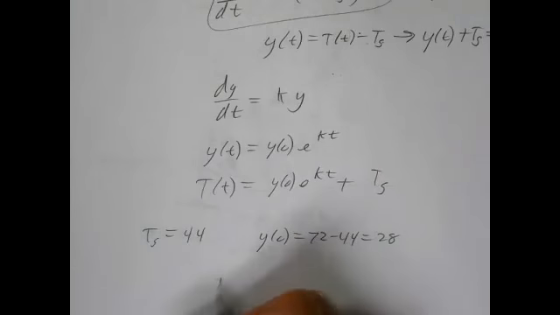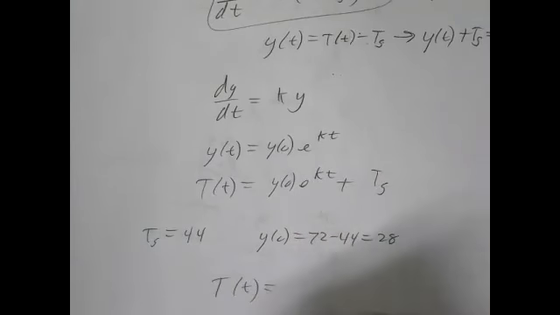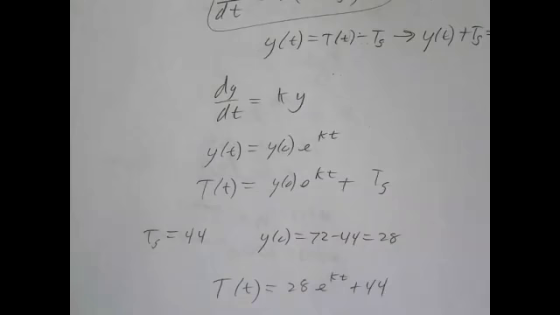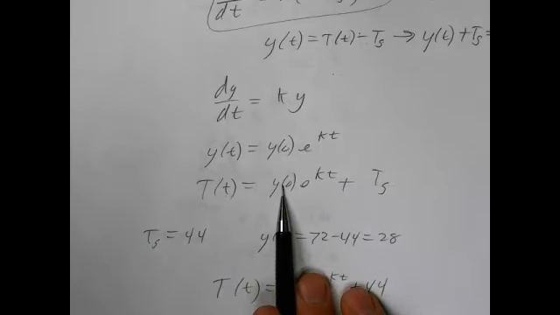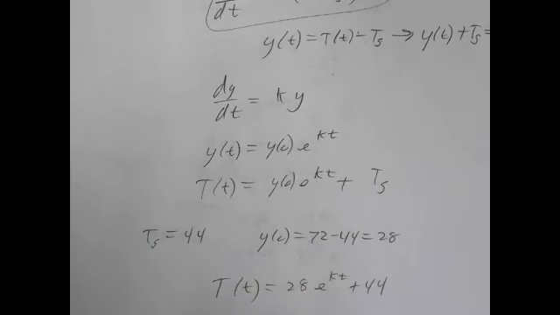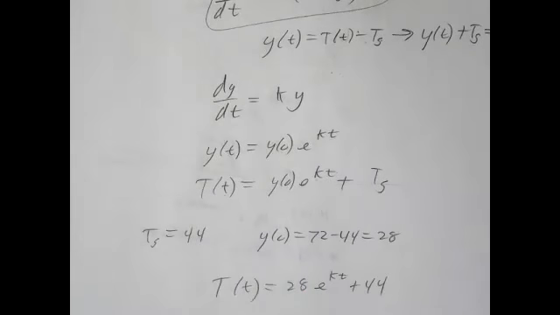Therefore, my temperature at any time t is going to be the initial difference, 28, times e to the kt, which I haven't figured out the k yet, plus the 44. Only thing I'm missing is the k.